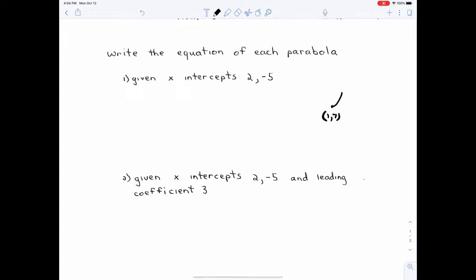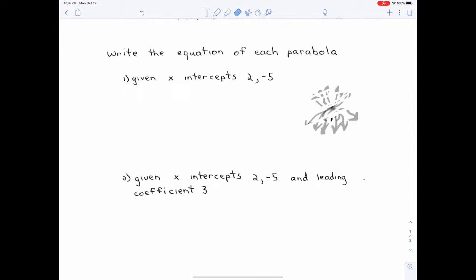Well, you could draw one going like this, one going like that, one a little broader, one a little steeper, one broader upside down. There are an infinite number of parabolas I could draw through that vertex. And what's the only way they all differ? By the leading coefficient.